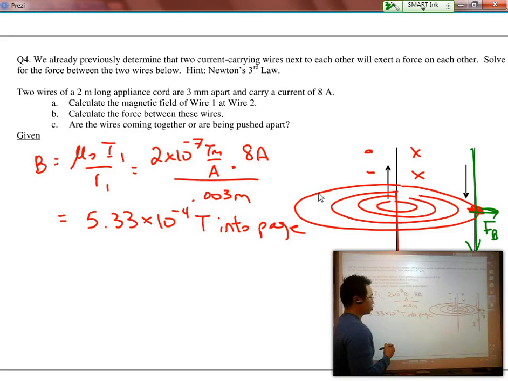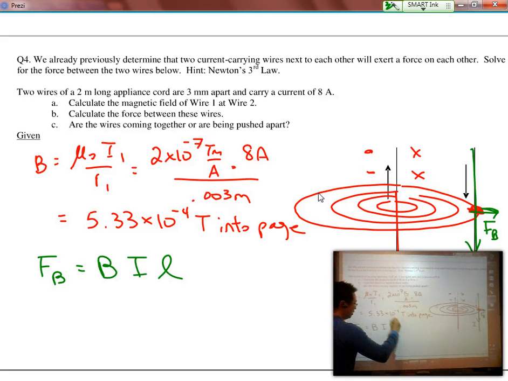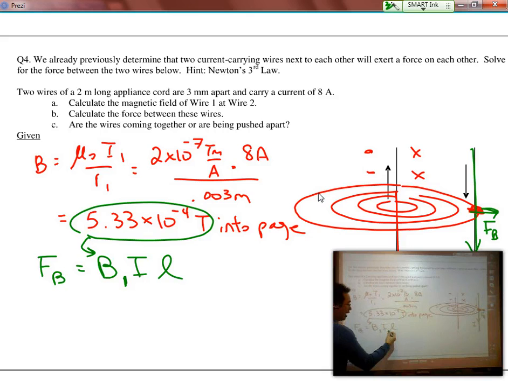in that direction. So the force acting on the second wire is equal to BIL. This is the magnetic field from the very first wire acting on the second current, and L is the length of the wire that's next to each other.